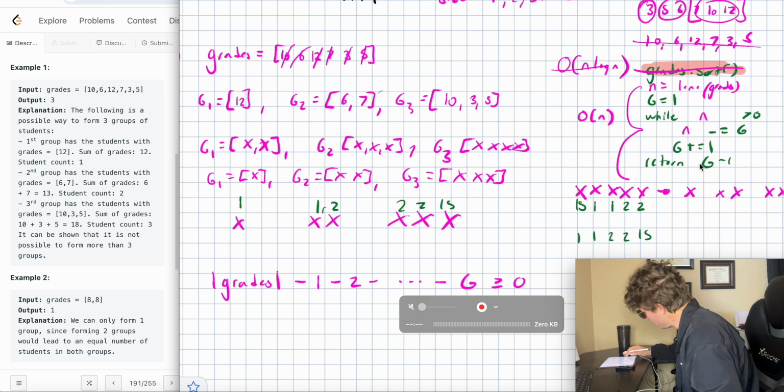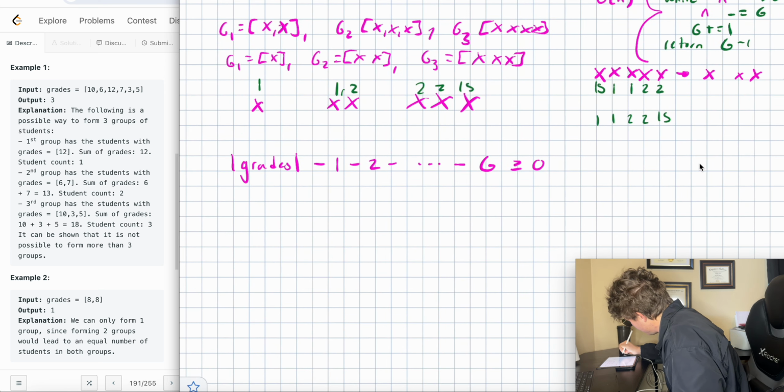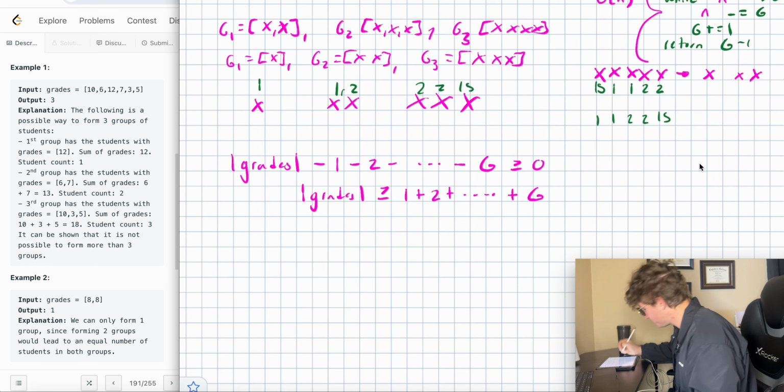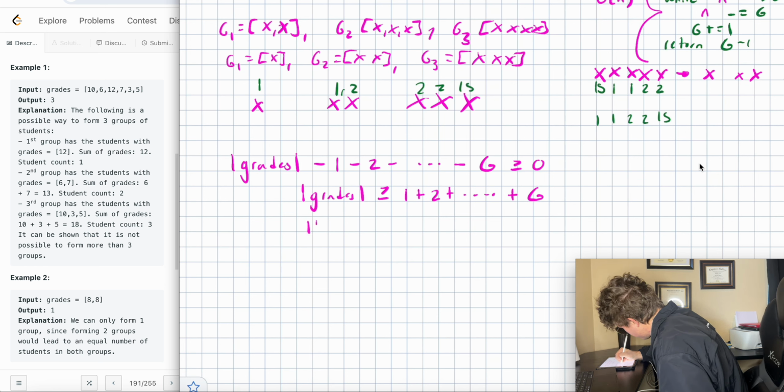So that's equivalent to saying I'm going to move some stuff around, do some algebra here. I always get confused when I do it like this. So the length of grades is greater than or equal to 1 plus 2 plus g. Now I'm going to put it the other way just so it's easier for me to think about it. I like having stuff on the left. This is just a personal preference.